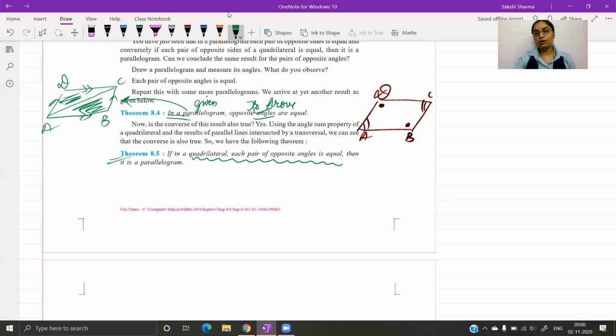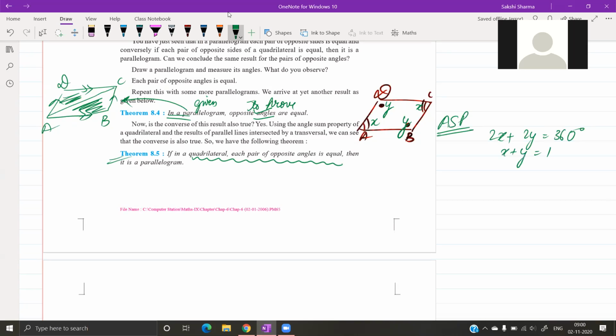As for this one, since we are only given that the opposite angles are equal, let's name the pairs which are equal x each and y each. Now apply the angle sum property. So you will have 2x plus 2y equals 360. From here, can you conclude x plus y is 180? Yes, ma'am.